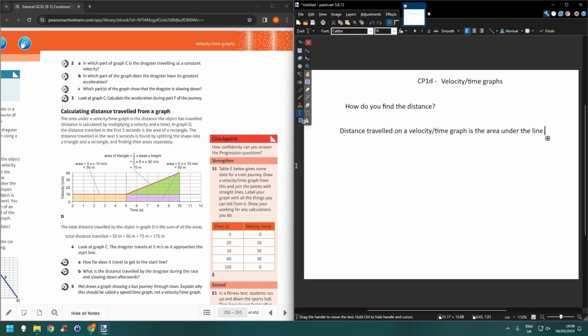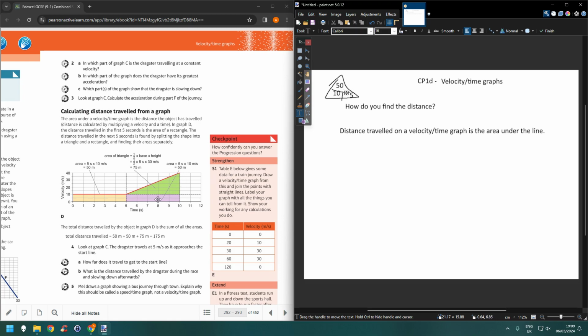And if we reinsert that into our formula triangle, velocity is 10 and time is 5, and you can see that 10 times 5, so if we're finding out the top, which is distance, it's 50. So that is how to find out distance.